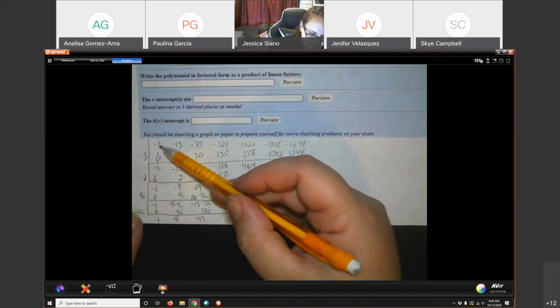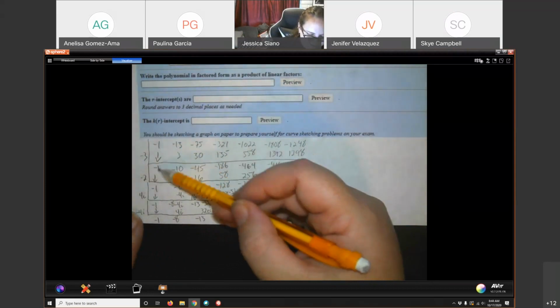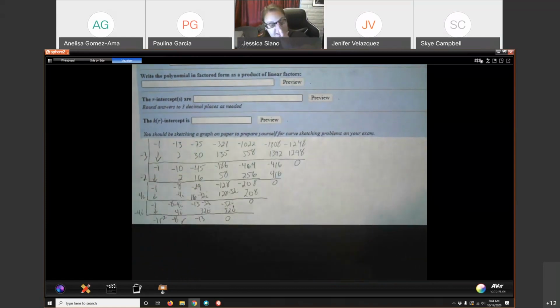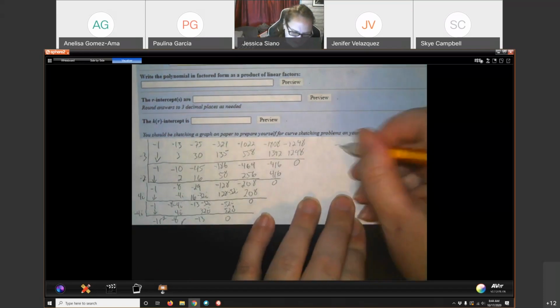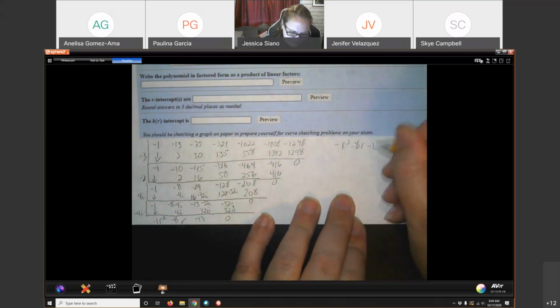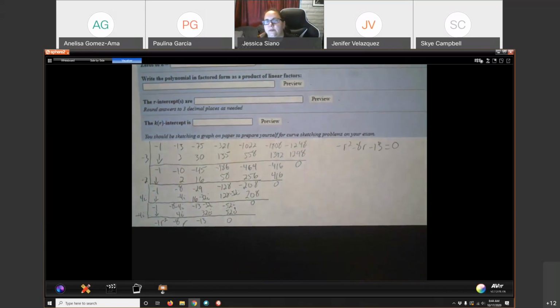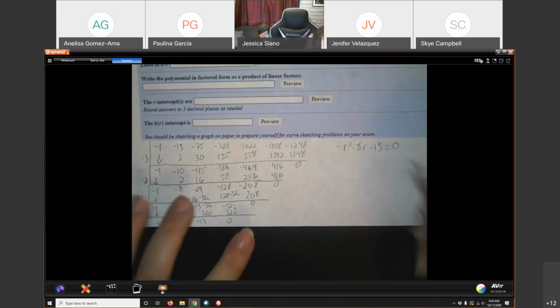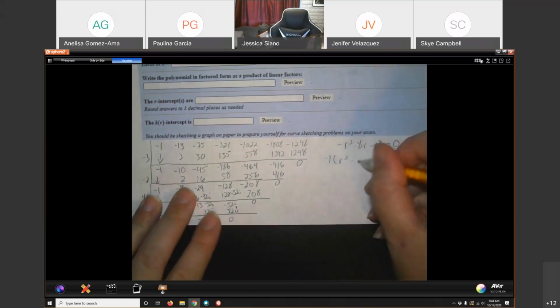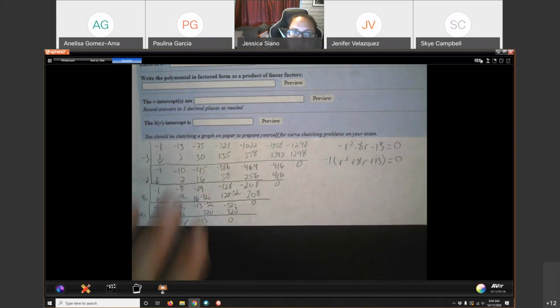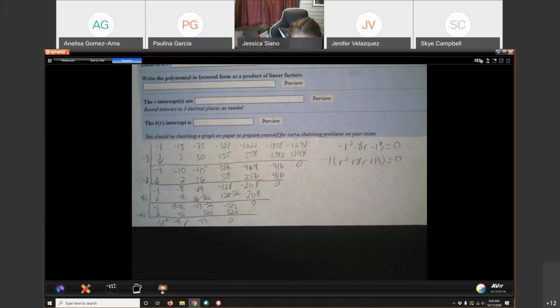If this was t to the 6th, r to the 6th, this is r to the 5th, 4th, 3rd, squared. So this is r squared minus 8r minus 13. Negative r squared. I'm going to GCF out a negative 1. There are no two numbers that multiply to 13 and add to 8.